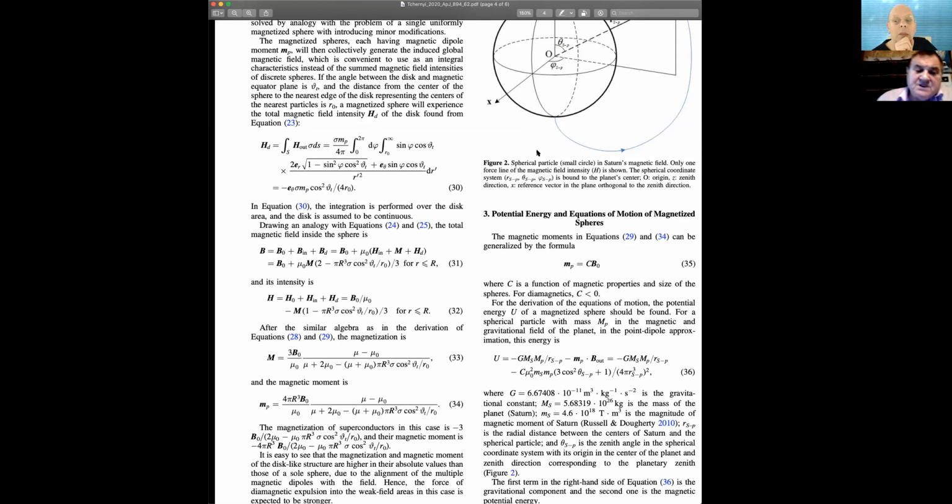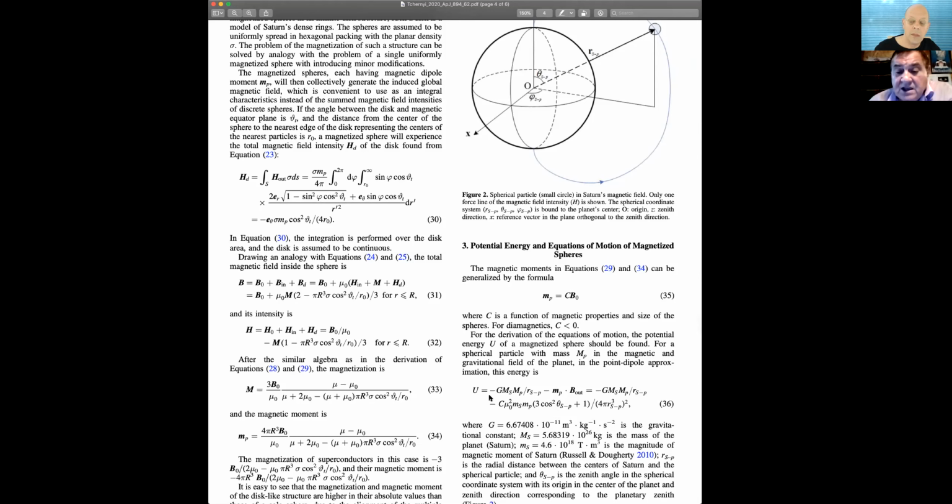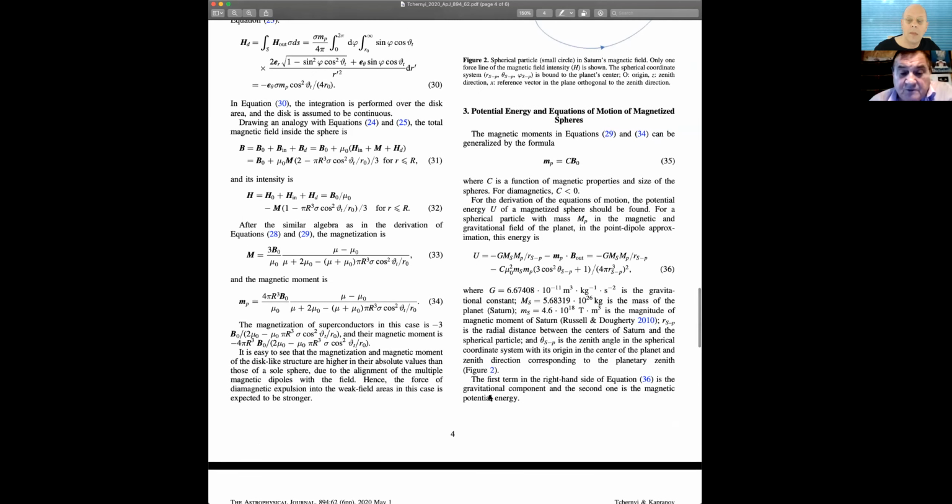And paragraph number 3, potential energy and equations of motion of a magnetic sphere. We present a magnetic moment which can be generalized by a function of magnetic properties and the size of the spheres. We derived the equations of motion and the potential energy of a magnetic sphere, for spherical particles in the magnetic and gravitational field of a planet.